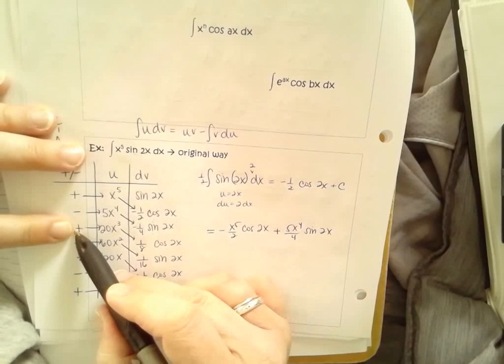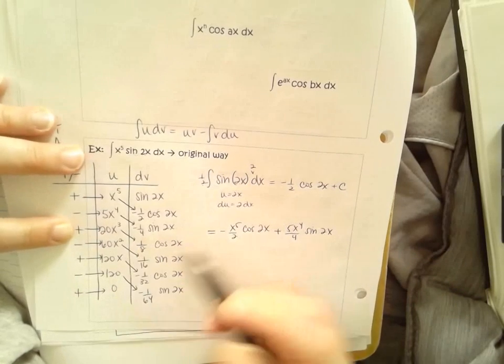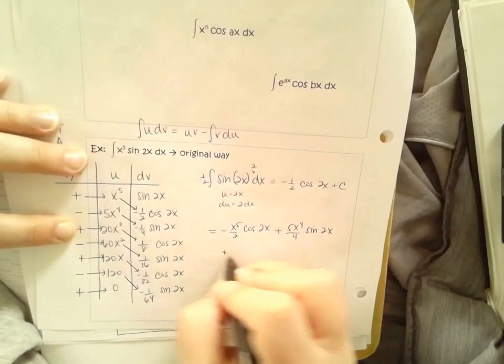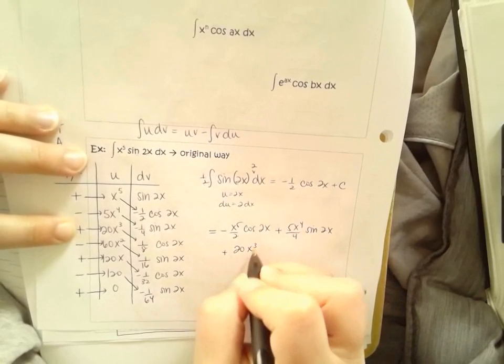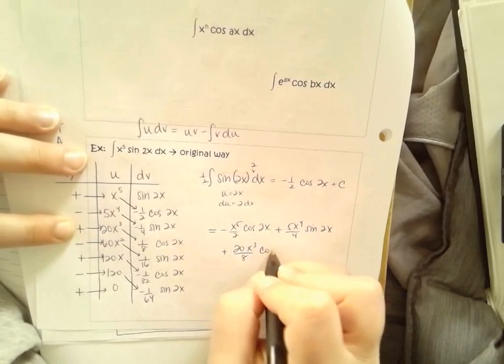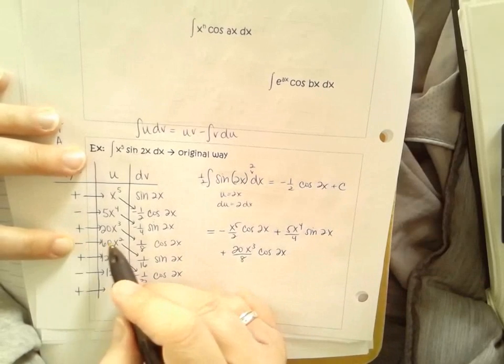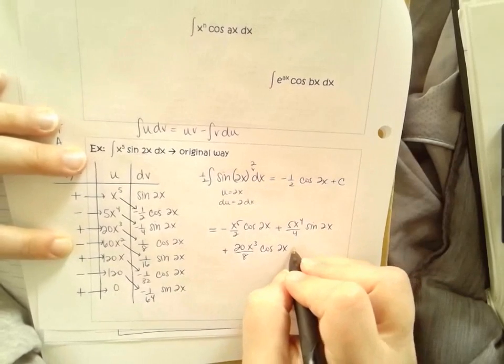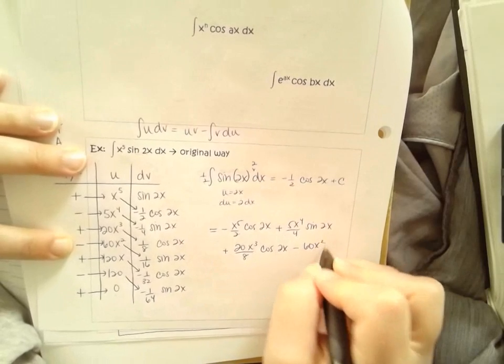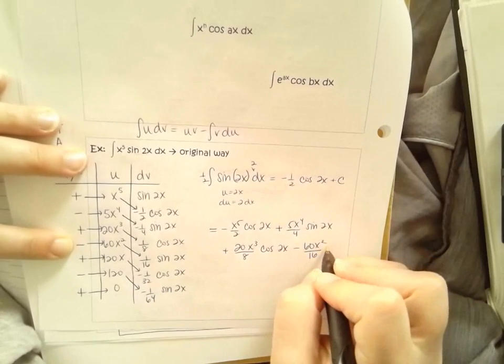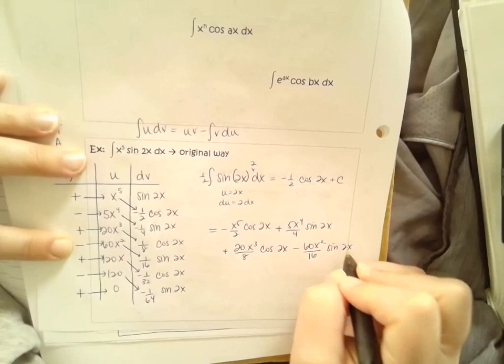Next set up, positive 20 over 8. I'll simplify later, but 20x cubed over 8 cosine 2x. Follow this one. It's got one negative between them. Negative 60x squared over 16 sine 2x.